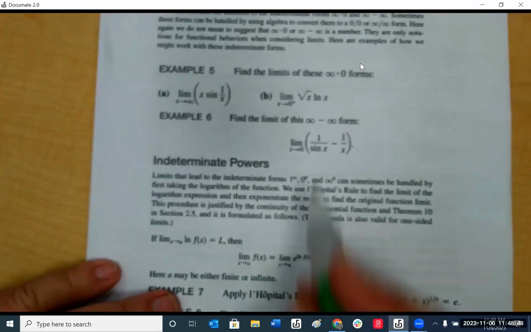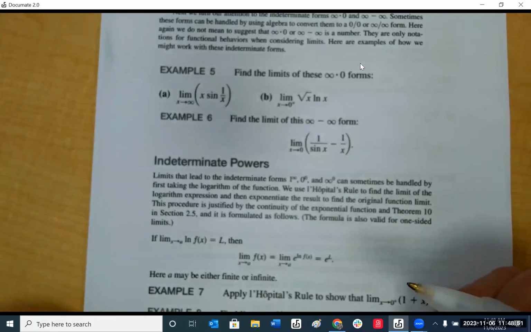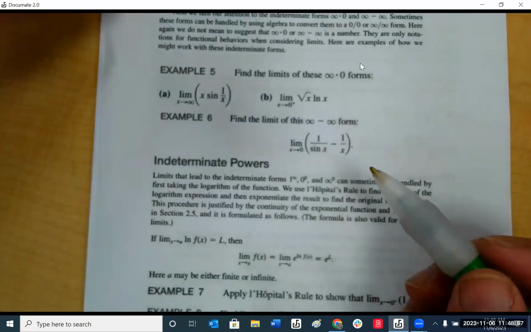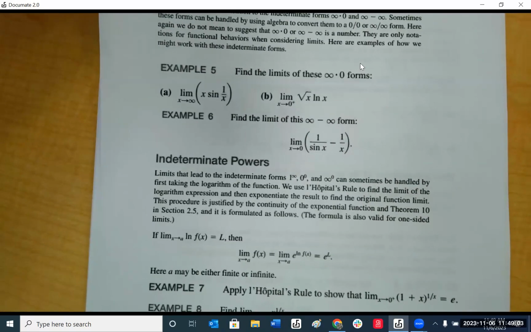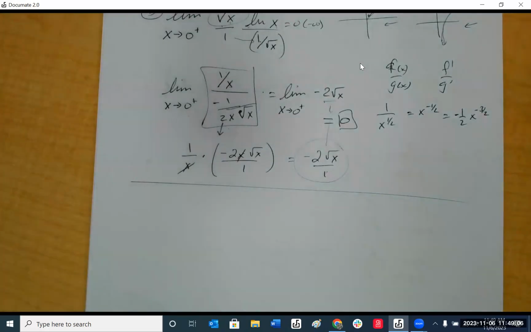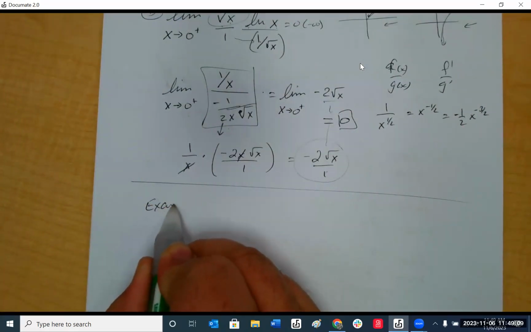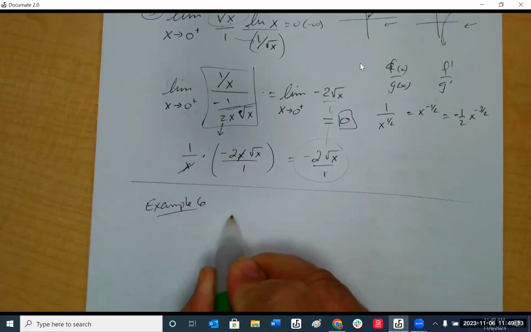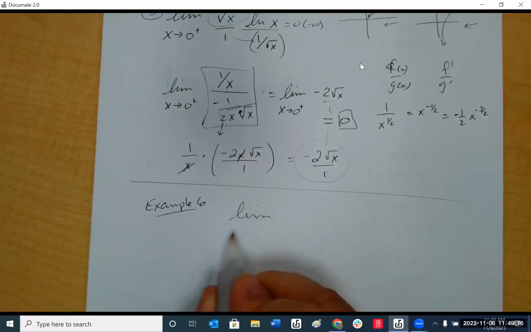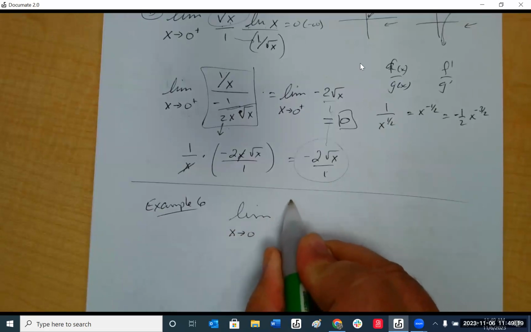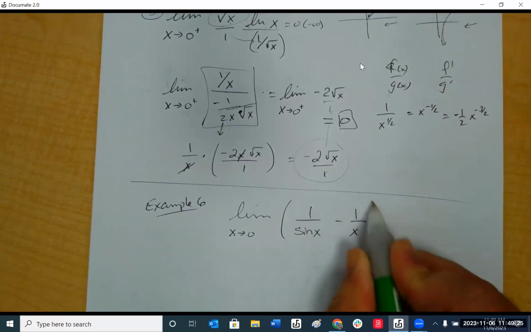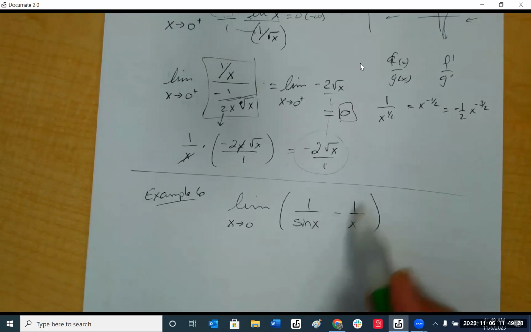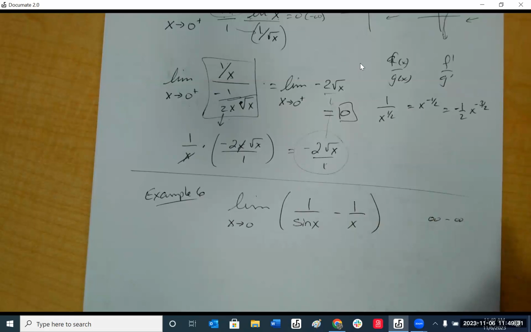We're going to do another one with infinity minus infinity, another indeterminate form. So the limit as x approaches 0 of 1 over sine x minus 1 over x. 1 over 0 minus 1 over 0 is infinity minus infinity.